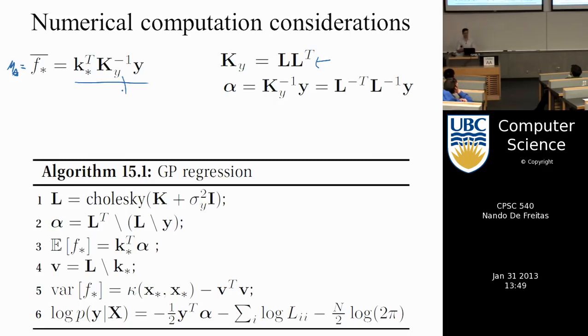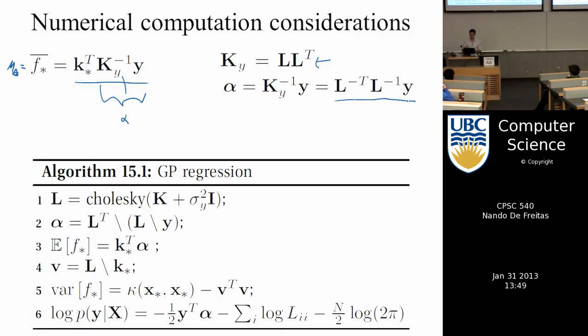We're going to form the Cholesky. And from the Cholesky, we're going to call this guy alpha, K minus 1 Y. And so instead, we're going to use the inverse of the Cholesky, which is much easier to compute.